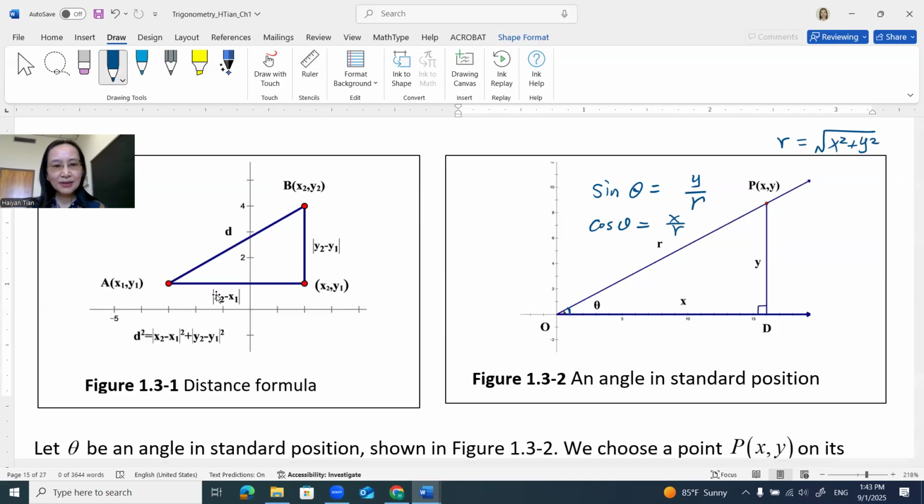And then we have 4 other functions. Let's define tangent. What is tangent theta? Tangent theta is y over x.